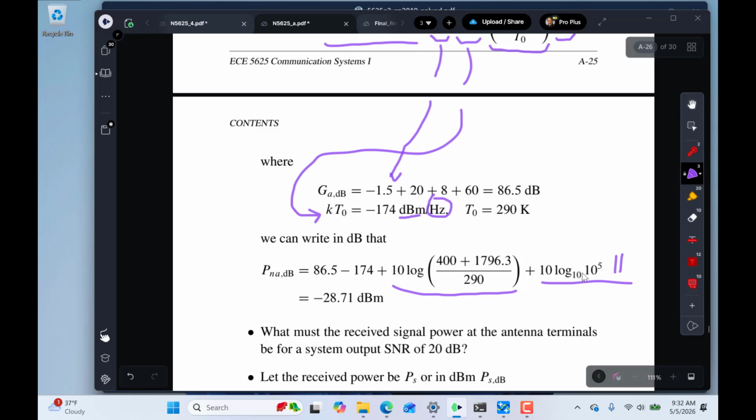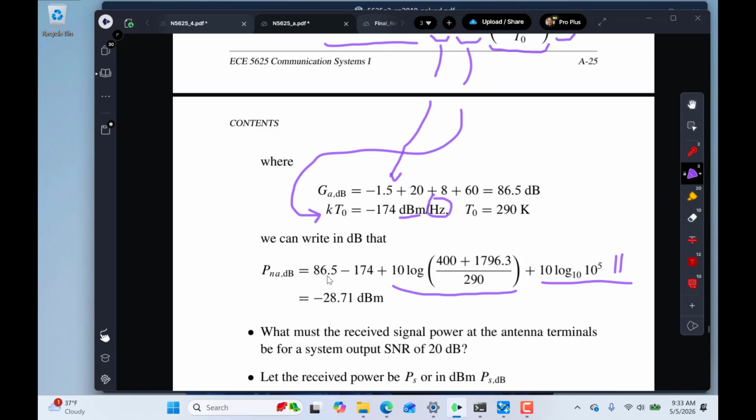It's hertz. I started to write H and I couldn't get the crossbar and I can't put the Z at the end here. But this has got units of hertz. When you work with decibels, you have to imagine how the units cancel accordingly. We have a dBm per hertz associated with this term, and then this term has the hertz, so that cancels that out. And this is dimensionless because it's just 10 log base 10 of the ratio of temperatures.